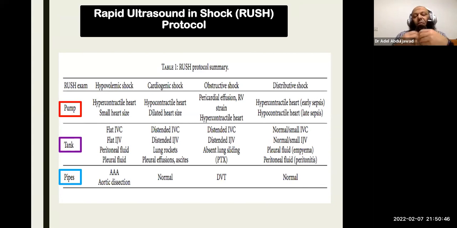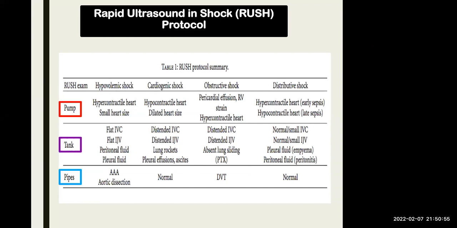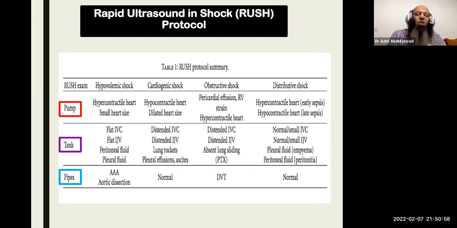From the titles, pipes is the vasculature, the ultrasound to assess the vascular tree. Tank is the abdomen and its contents. Pump is the heart. So through assessing those common 3, you can reach a diagnosis under each entity with point-of-care ultrasound.